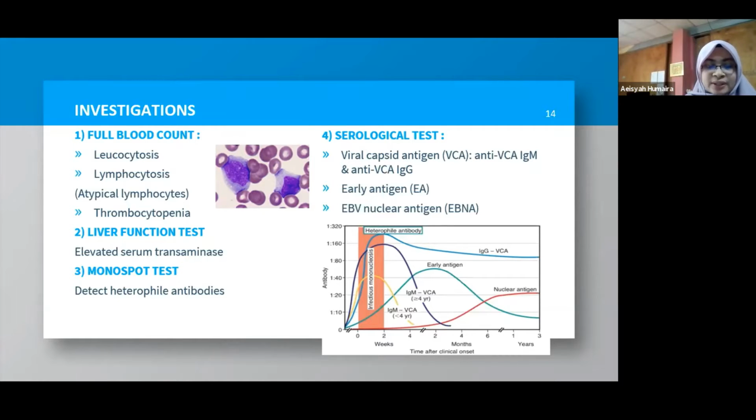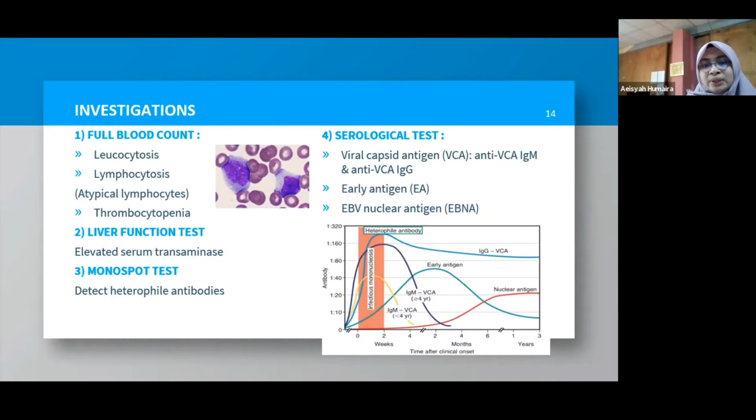The monospot test is to detect the reactive heterophile antibodies. If the monospot test is positive, we don't need to do the serological test. But if the patient is suspected of infectious mononucleosis but the monospot test is negative, we need to do the serological test to detect antibodies against the viral capsid antigen, the early antigen, and the EBV nuclear antigen.